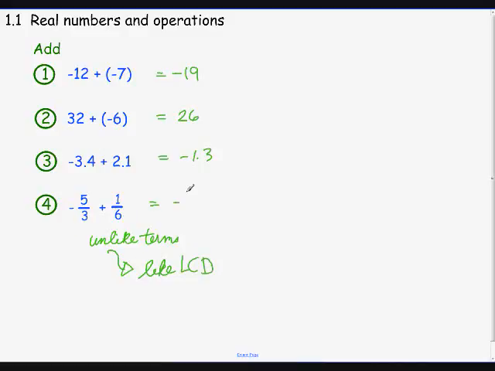So we could express this as negative 10 over 6 plus 1 over 6. Now they have a common denominator. We can say negative 10 plus 1 all over 6, equals negative 9 over 6, which we can simplify. There we go.